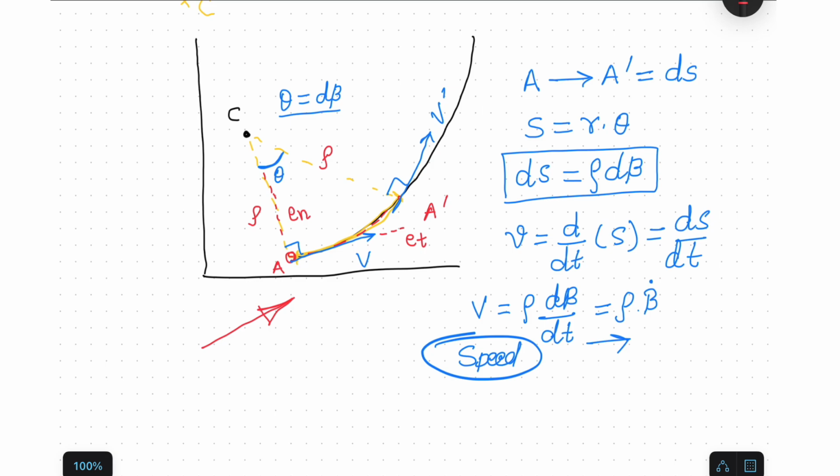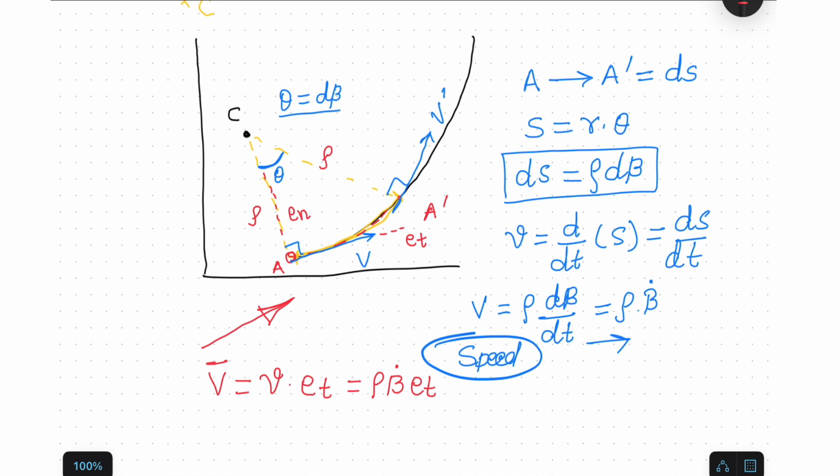So now our velocity v can be written as speed multiplied by et, the unit direction vector, and we can say that our velocity is now equal to rho beta prime et. So here we have calculated the velocity equation.